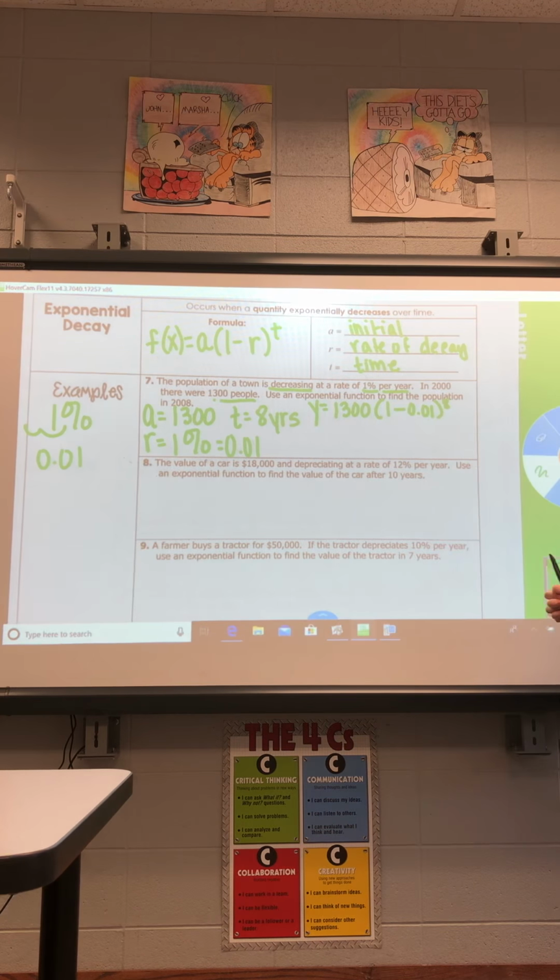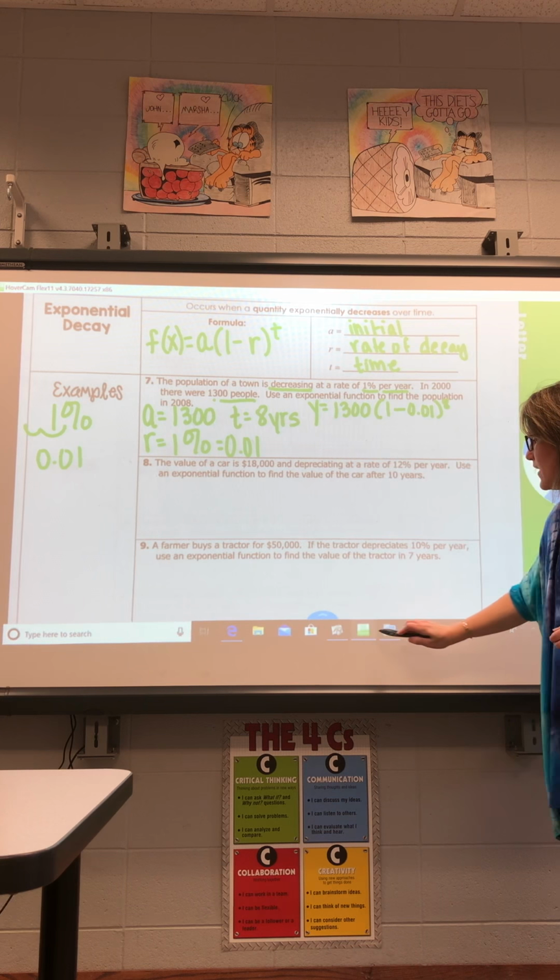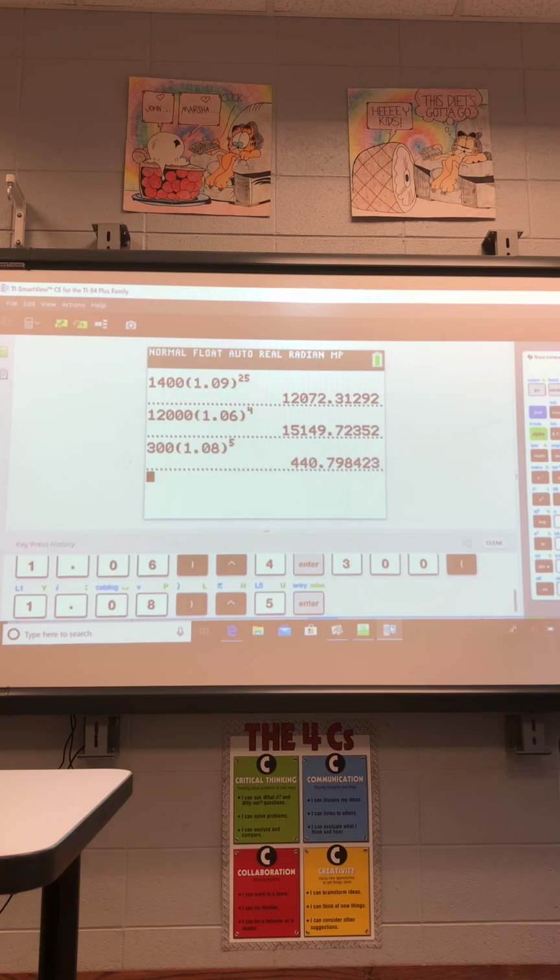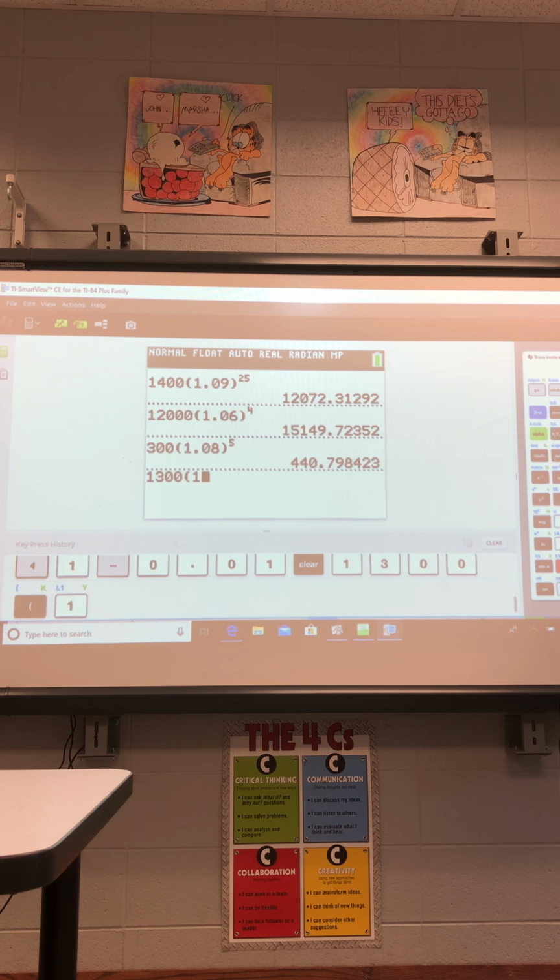So let's do 1,300 times 1 minus 0.01 to the 8th power. So 1,300 times 1 minus 0.01. And we're going to raise that up to the 8th power.